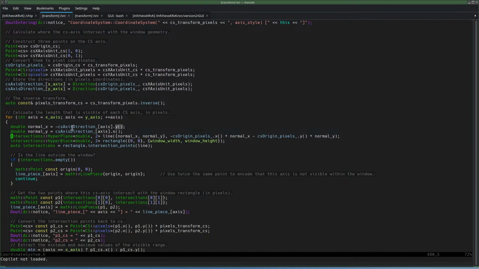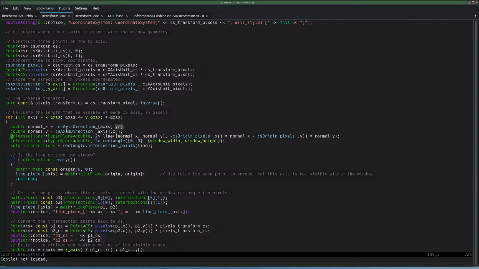So the axis direction y equals 0, and the axis direction x equals 1 for the x-axis. Therefore, the normal will become, the x coordinate of my normal will become -1. And the y coordinate of the normal is going to be 0. I'm saying that wrong, am I not?